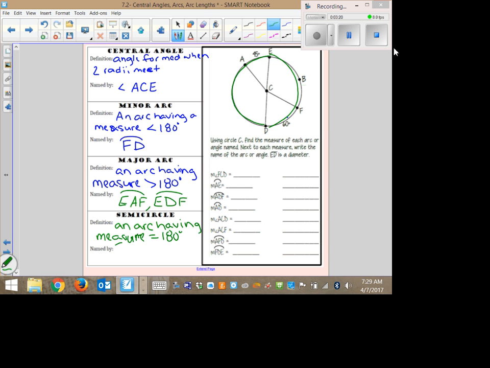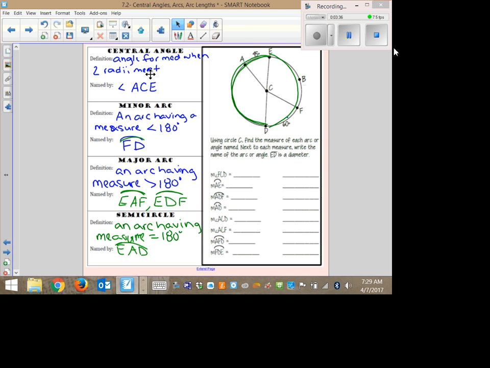If we say this is EAD, then we know which direction to go. And note that all of these arcs have this little curve over the top. That's the symbol for an arc.